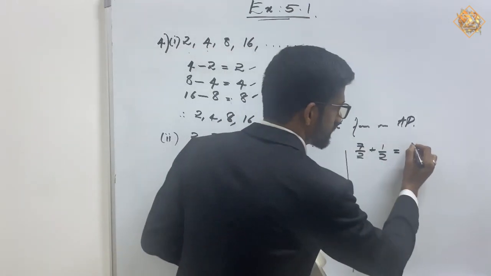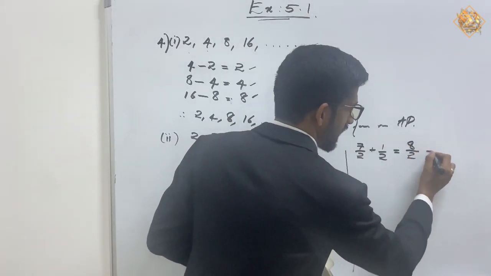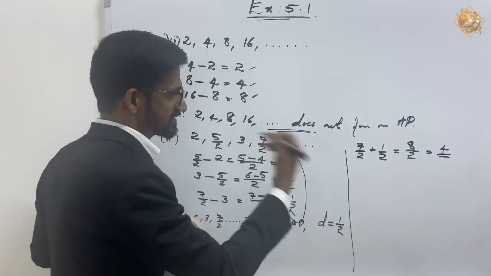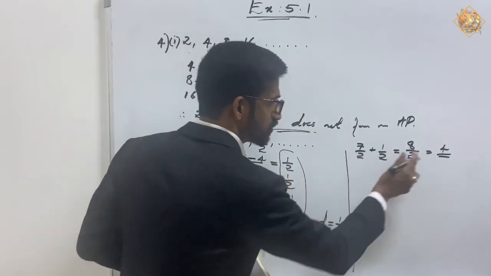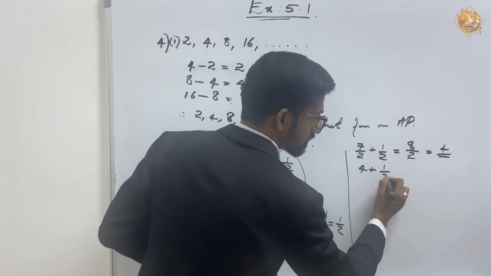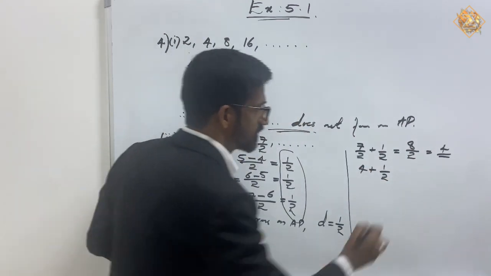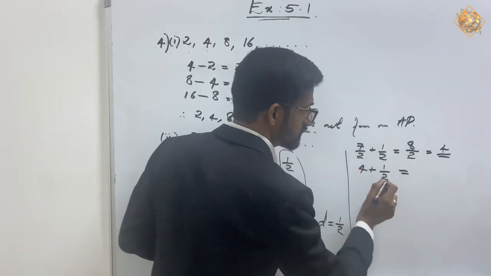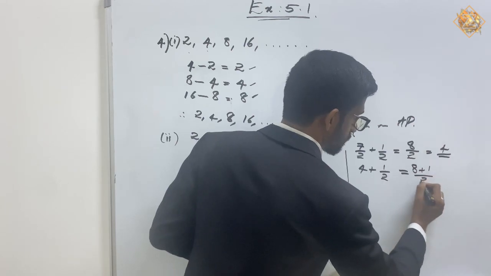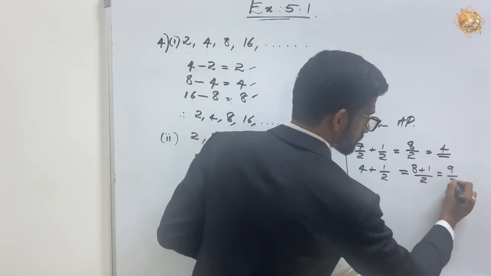So 7 plus 1 is 8/2, that is 4, isn't it, students? Now to get the sixth term, along with the fifth term, we have to add the common difference, isn't it? So doing the cross multiplication, it will be (8 plus 1)/2, that is 9/2.